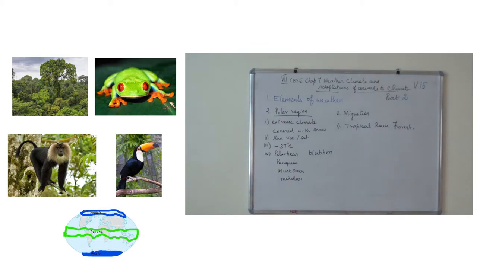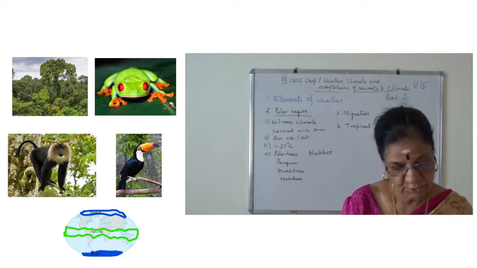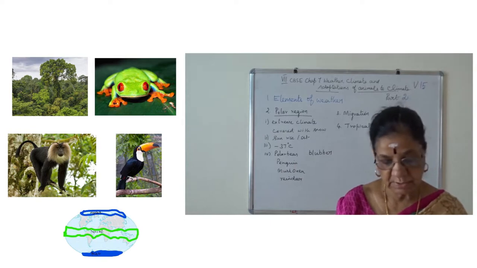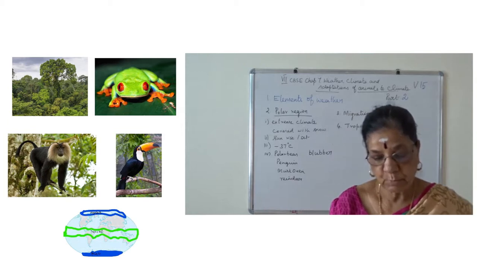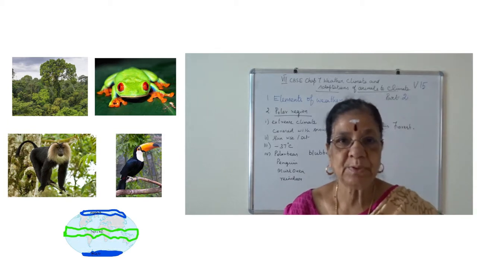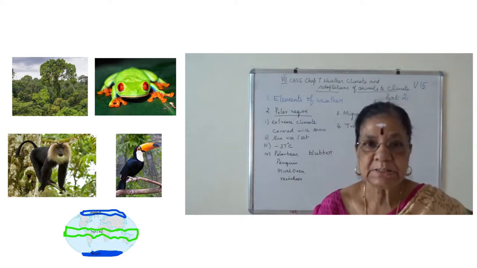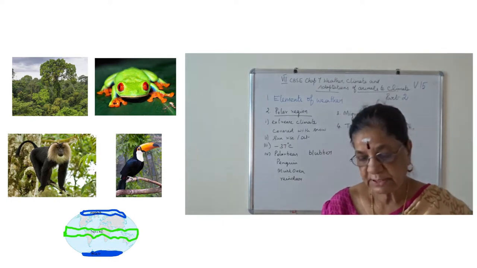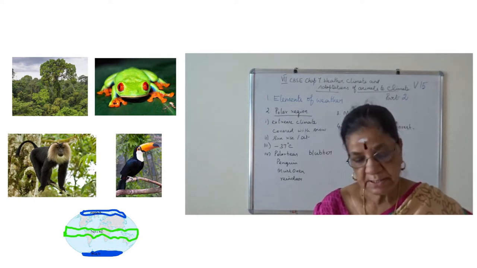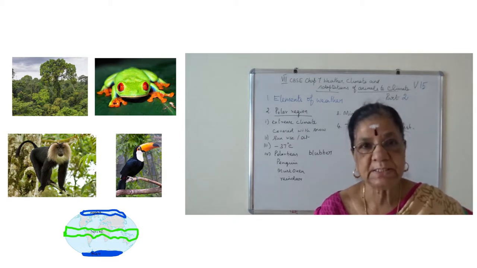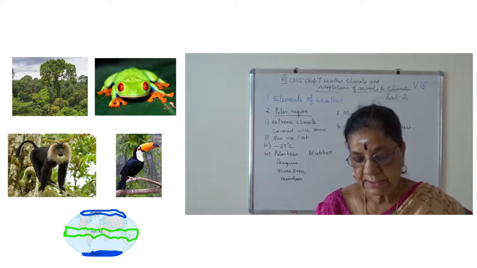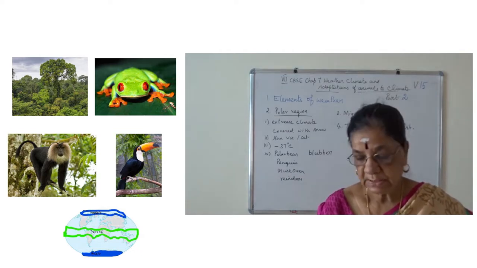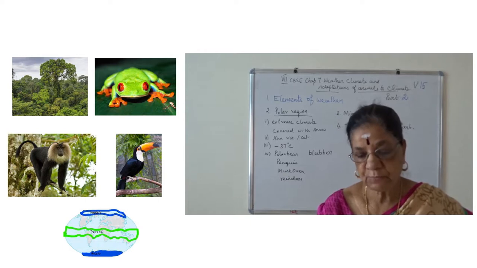Then during hot summer, the temperature may rise up to 40 degree centigrade. Days and nights are almost equal in length throughout the year, and this region gets plenty of rainfall.